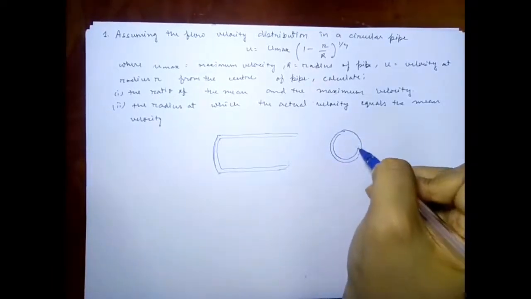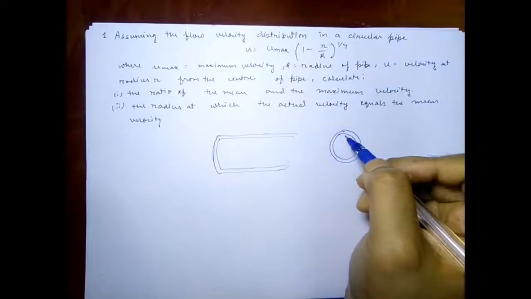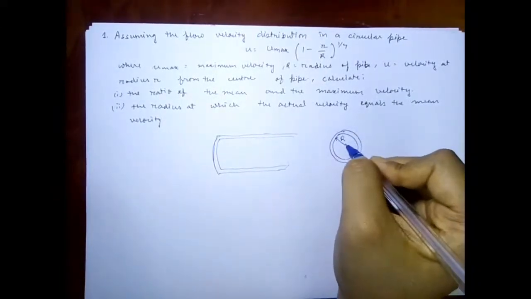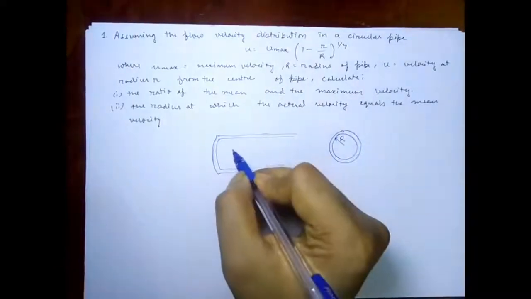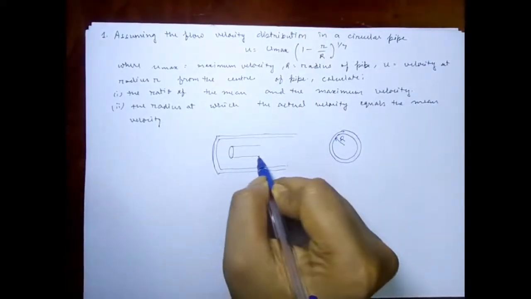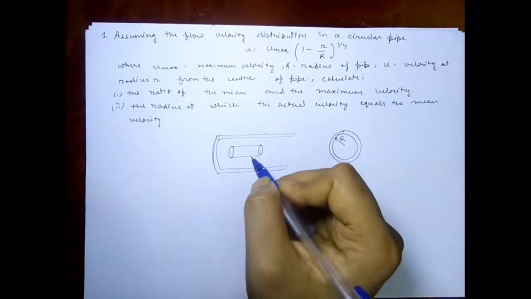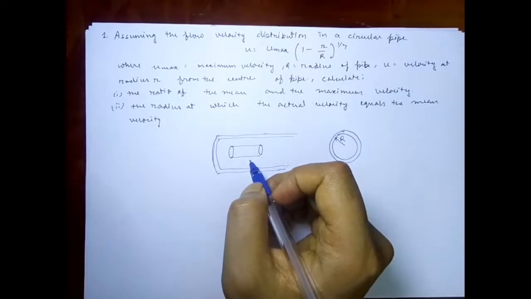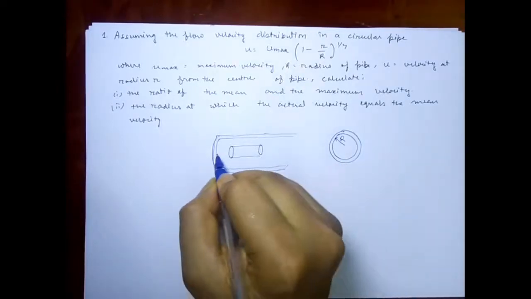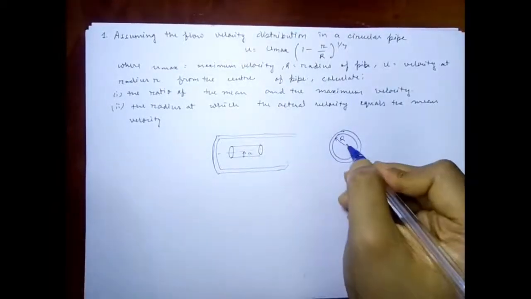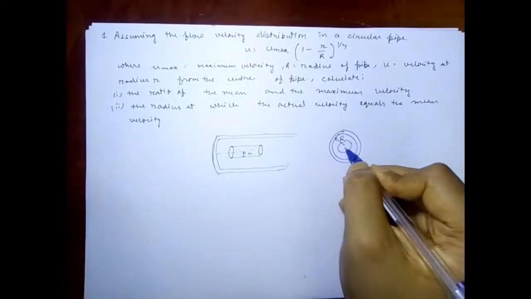I am considering this as the cross section, and this distance as capital R. Let us consider a cylindrical section like this of elementary thickness. Suppose small r is the radius of this, so we will have something like this.